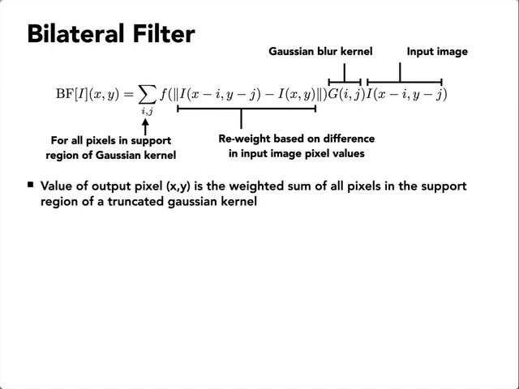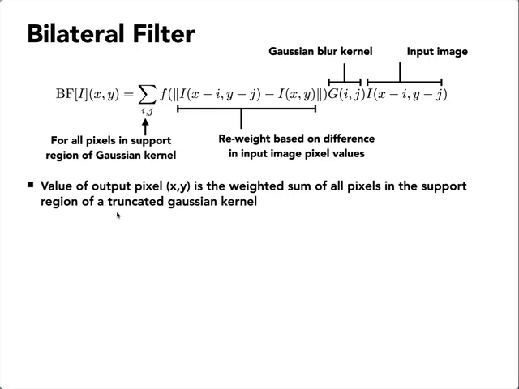Okay, so that was an analysis of the defining equation. We're going to look at some pictures and some examples in a second to build up our intuition about this. First, a couple of points to anchor. The value of the output pixel at position XY is the weighted sum of all pixels in the support region of that filter, of what you could think of as a truncated Gaussian kernel.